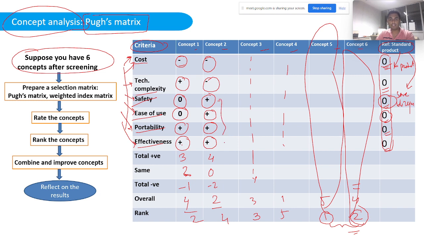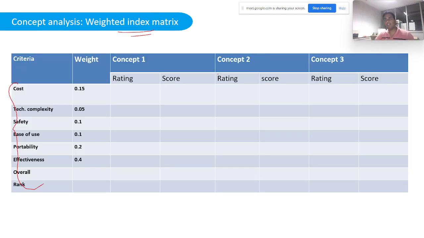If there are 4 pluses, that means it is a 4 score. And negative, again minus 2. That means each positive and each negative is counted as equal to 1. But in the weighted index method, certain positives and certain negatives are counted differently.